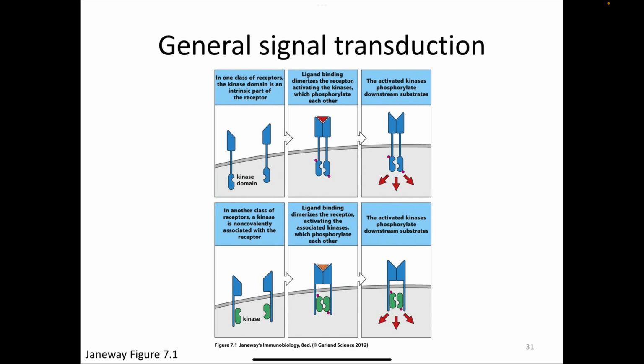If you had to guess from the name, what would the three parts of the receptor tyrosine kinase be? Yes, David. So the three parts of a receptor tyrosine kinase are the receptor, the tyrosine, and the kinase.